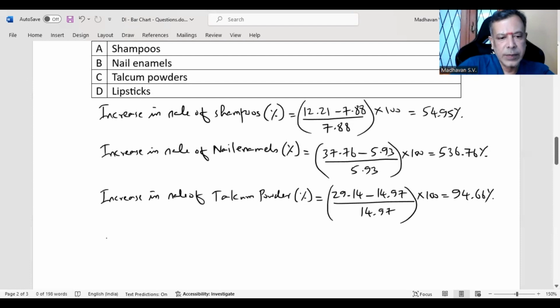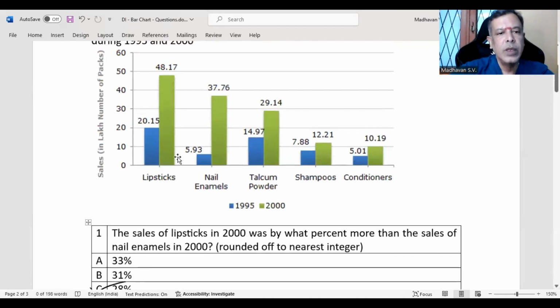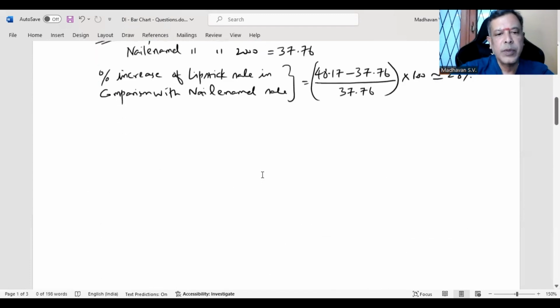So next item given is lipstick. So increase in sale of lipstick in terms of percentage will be what? Let us go to the graph again. For 1995, it is 20.15 and for 2000, it is 48.17.